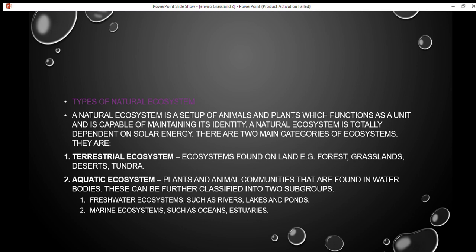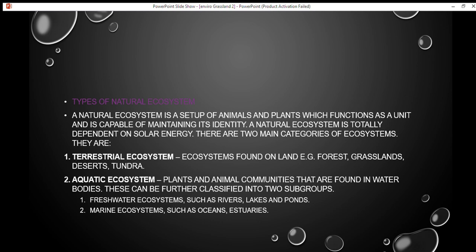Now, terrestrial ecosystems are found on land, e.g., forests, grasslands, deserts, and tundras. While aquatic ecosystems are plant and animal communities that are found in water bodies.